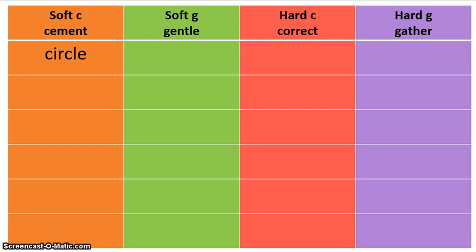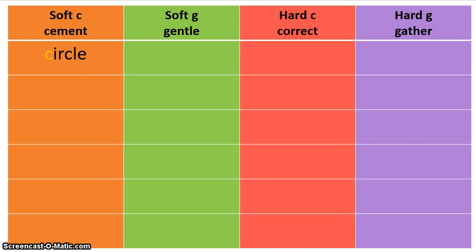So I want you to find the word circle, and I want you to put it on your chart. And then I want you to take your orange colored pencil, and I want you to highlight the letter C that makes the soft C sound in circle. All right. Now, so we have all of these blanks left.